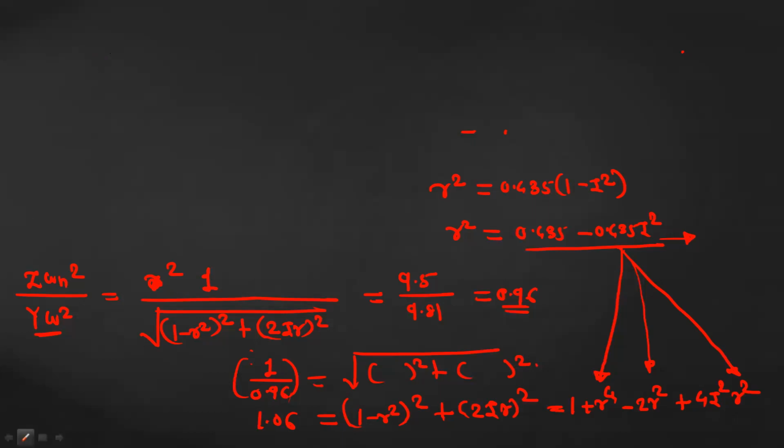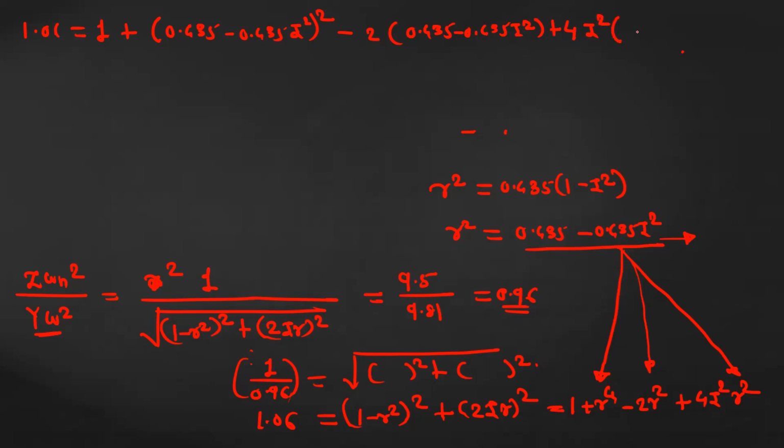So 1.06 is equal to 1 plus, now this r raised to 4 is nothing but r square square. So we can write this 0.435 minus 0.435 zeta square bracket square minus 2 into 0.435 minus 0.435 zeta square plus 4 zeta square in bracket.